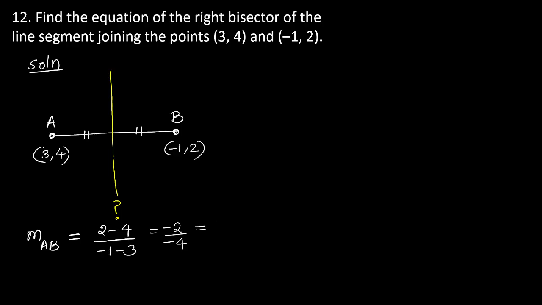Is it correct? Yes, 1 by 2. Is that okay? Slope of the line segment AB is 1 by 2. You understood? Ashlin, Said, Devasri, this step is okay? Yes, sir. Okay, you understood. Do you have any doubt, Devasri?